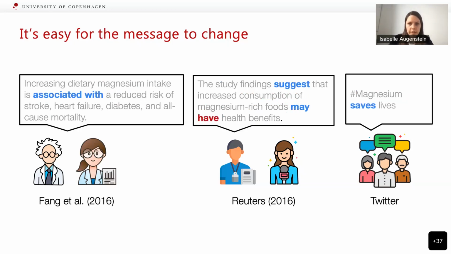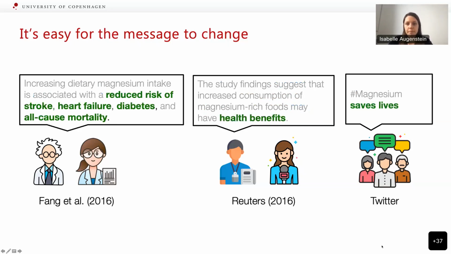Then we have the strength of the claim, which changes from a correlational statement, associated with, to a conditional causal statement, suggests may have, to a causal statement on Twitter, saves lives. And then lastly, we have the diseases in the finding being generalized. We have first a reduced risk of stroke, heart failure, diabetes, and all-cause mortality, to health benefits, to just saves lives.